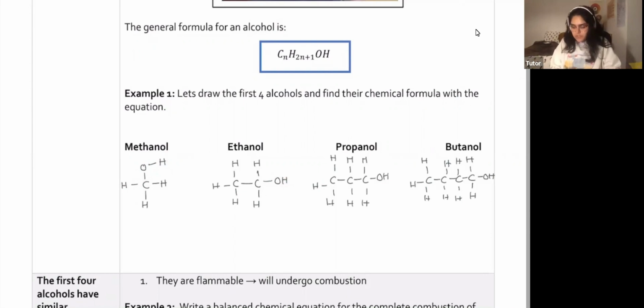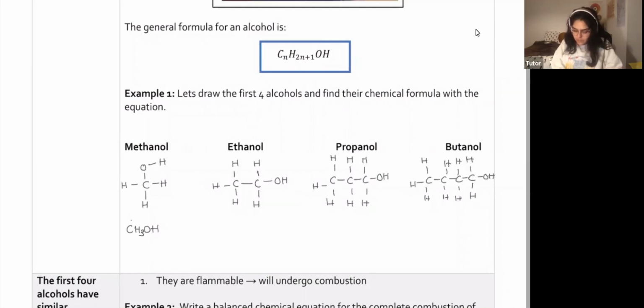In terms of using this formula here, n is the number of carbons. So if I use the formula to work out what methanol is, that's going to be C, H, 2 times 1 is 2, plus 1 is 3, so CH3OH. That would be the formula for methanol.